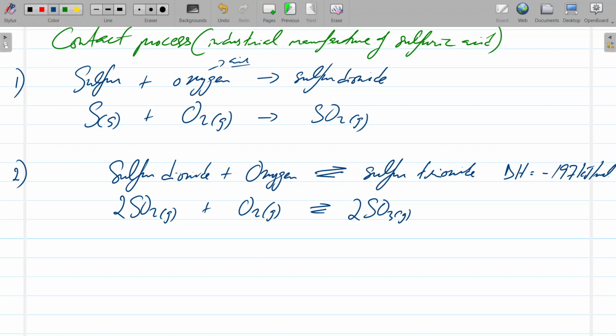The reaction conditions for this are that the temperature is 450 degrees centigrade, and the catalyst used is vanadium 5 oxide.